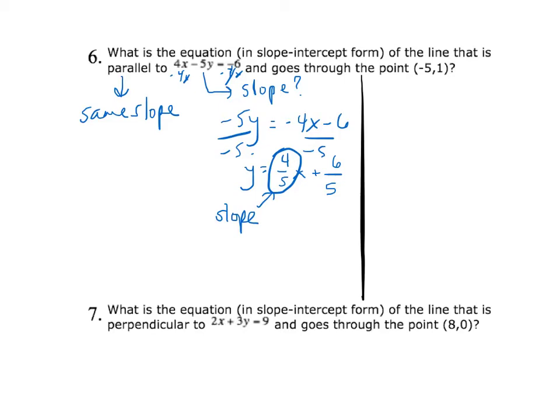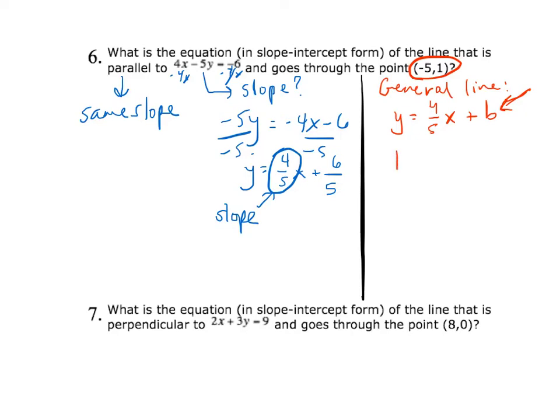So we're going to have a general line with the same slope. And this is what we need to find. We need to figure out what is b. And I'm going to use this point to figure it out, because we know that this line has to go through this point.